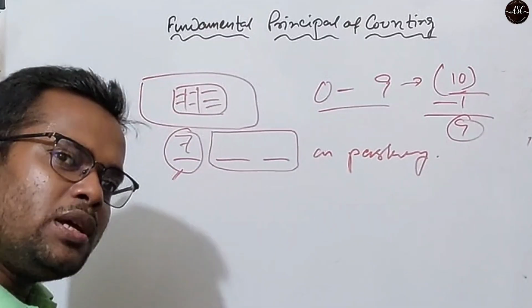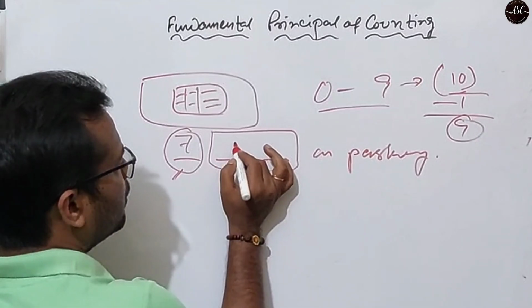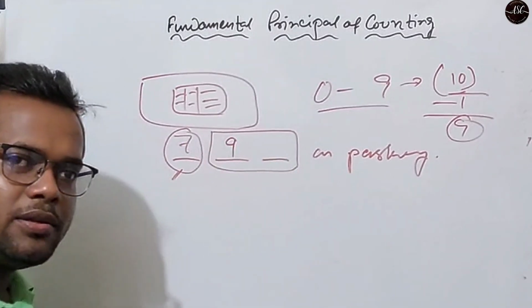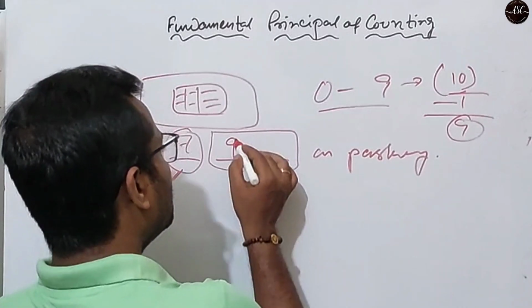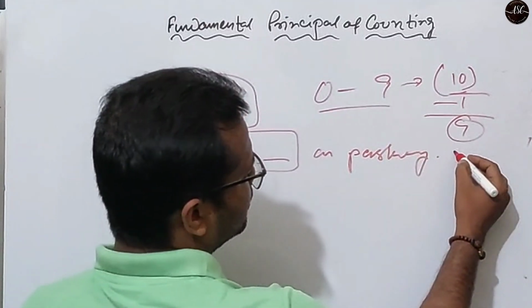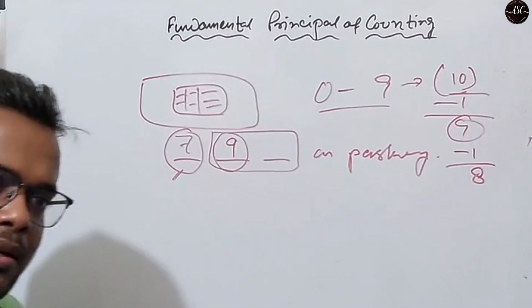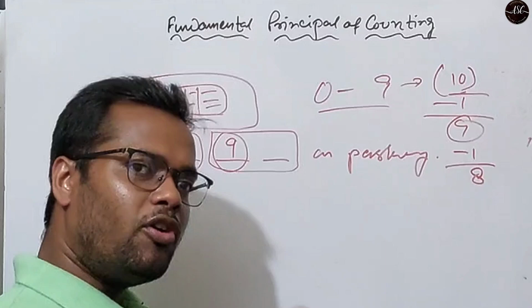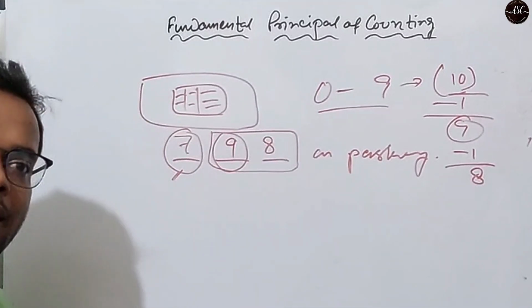Each of them can be chosen one time, so there are 9 possibilities for this, and we can get this also. Then there are remaining 8 numbers. So 8 numbers can be chosen, each in 8 ways. So 8 will be here.